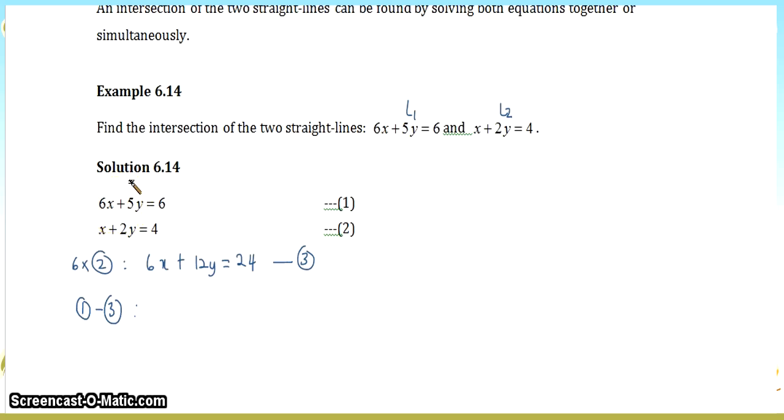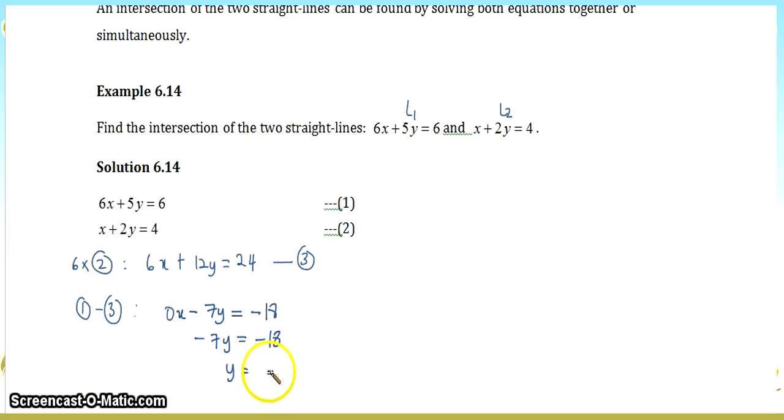So, equation 1 minus equation 3. Now we have 6x minus 6x gives us 0x. Then, 5y minus 12y gives us negative 7y, equal to 6 minus 24, which is negative 18. Solve this, we get negative 7y equals negative 18.